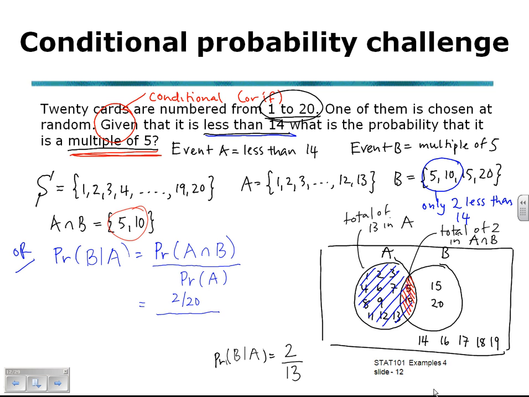Looking at the bottom line, probability of A, we have 13 values in A out of our possible 20. So our probability of A itself is 13 divided by 20, which simplifies to 2 divided by 13, 2/13, which agrees with the answer that we find from the Venn diagram. Both methods perfectly valid for finding conditional probabilities. And that's the end of example 2.